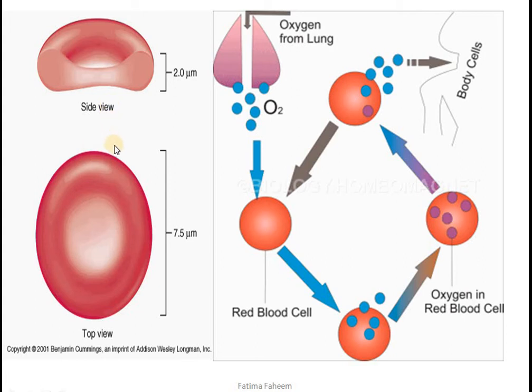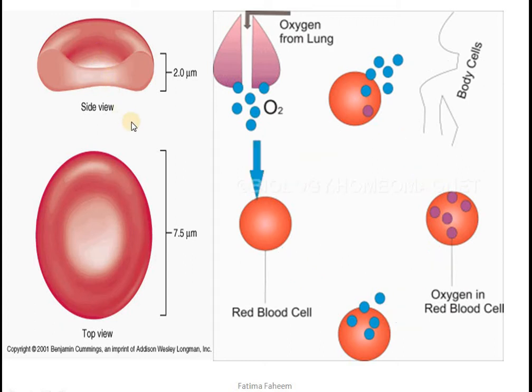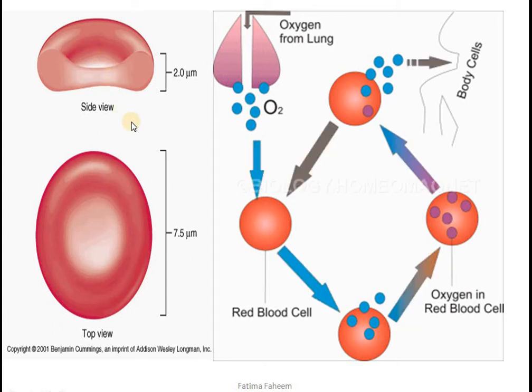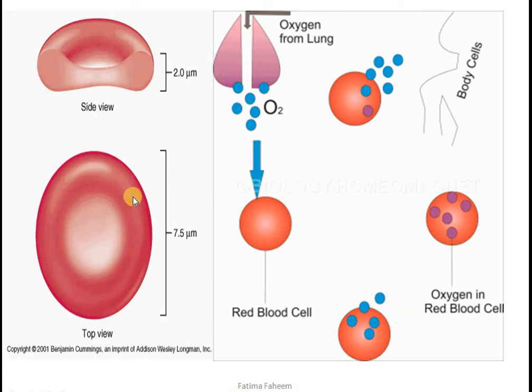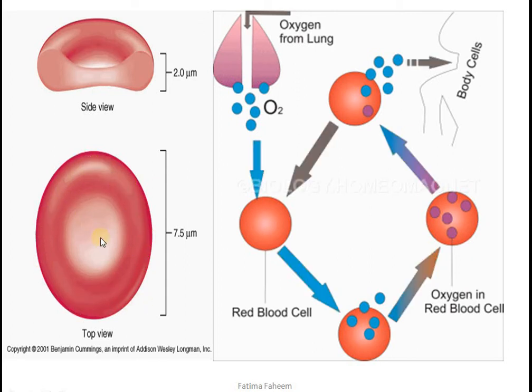This is very important to know. It often comes in your MCQs and in your theory paper, about the structure and the benefit that it gets from the structure. RBCs, when viewed from the top, are thicker at the edges and thinner at the center because of lack of nucleus.